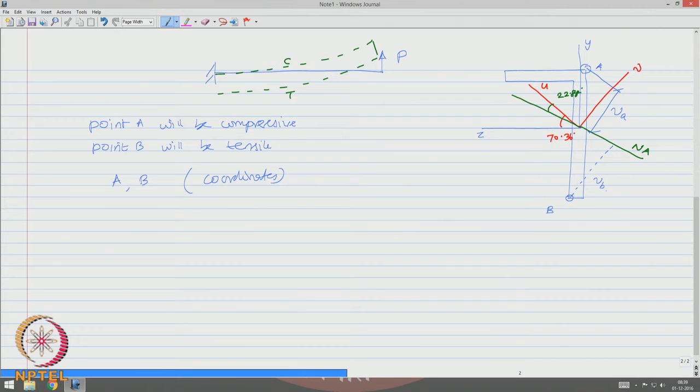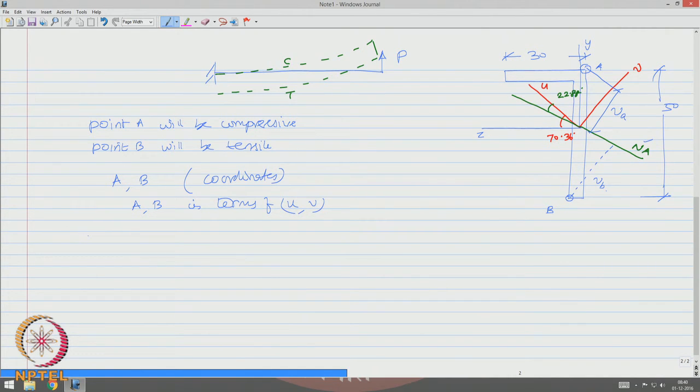One may wonder, the A and B coordinates are known to us in terms of the dimensions we are marking now. These are all given to us, but we need to find these A and B coordinates in terms of U and V, because we are going to measure the stresses or the distance of the fiber from the neutral axis.